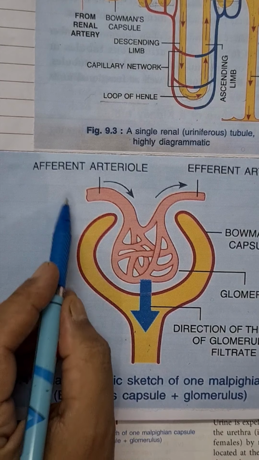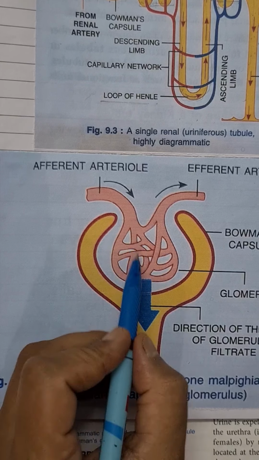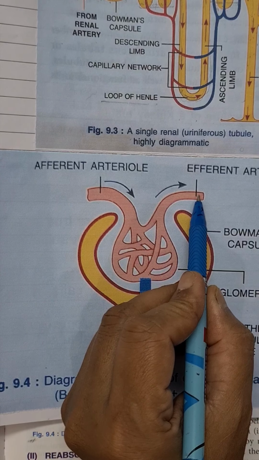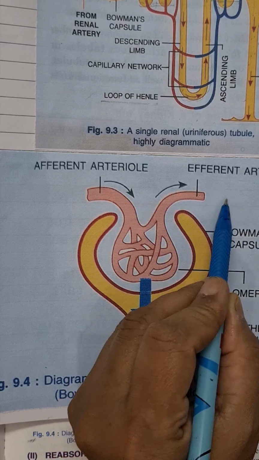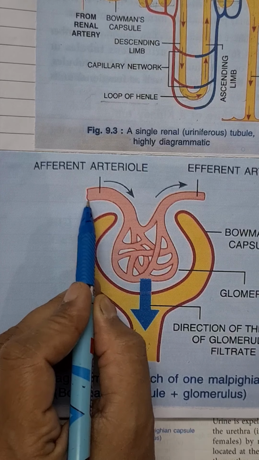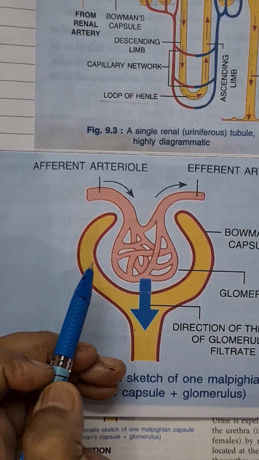So when blood flows to the glomerulus, it flows with a great pressure. The reason behind that is the efferent arteriole, which carries blood away from the glomerulus, is narrower in diameter in comparison to the afferent arteriole.